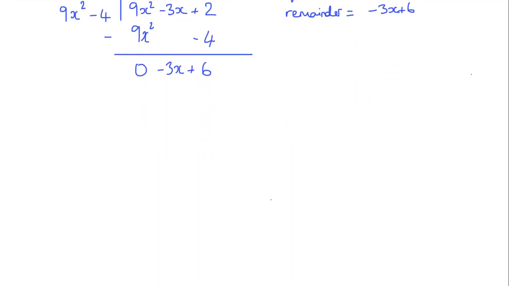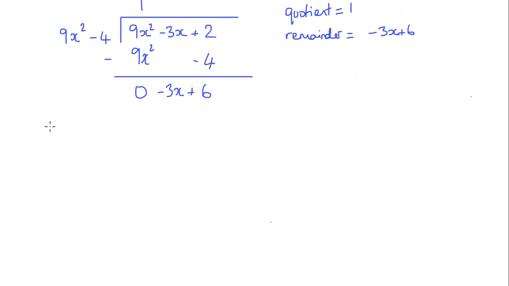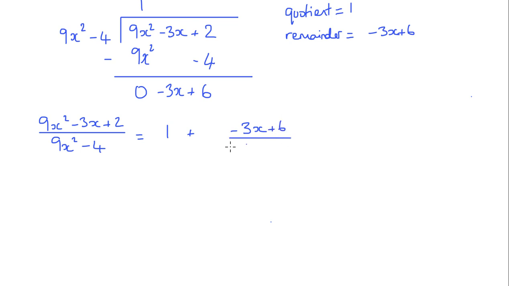Okay, the next thing we can do then is rewrite 9x squared minus 3x plus 2, so the original question, divided by 9x squared take 4 as the quotient, which was 1, plus the remainder over this 9x squared take 4.